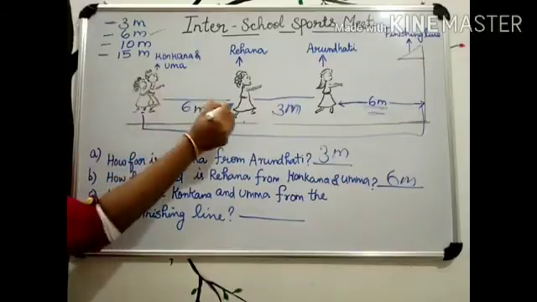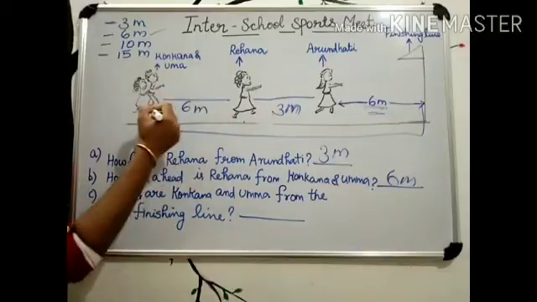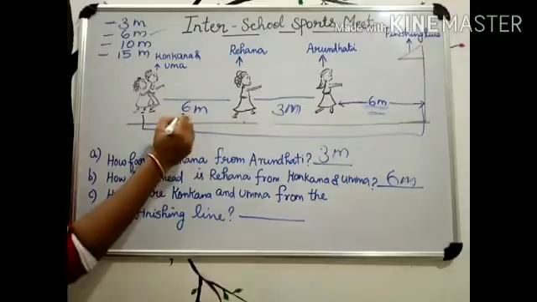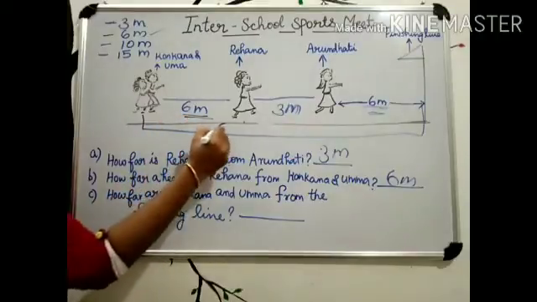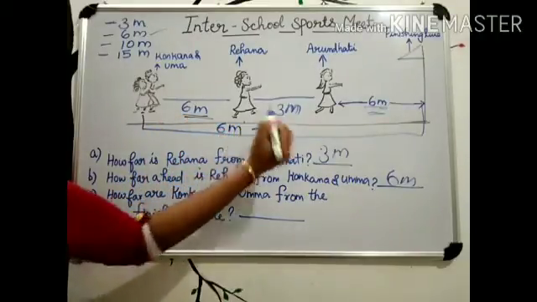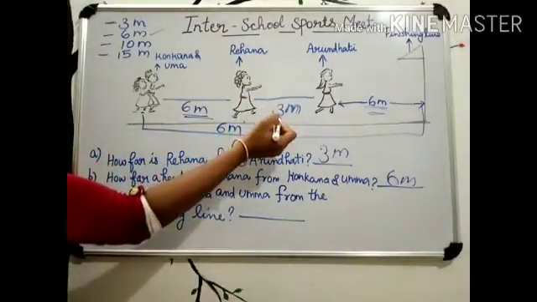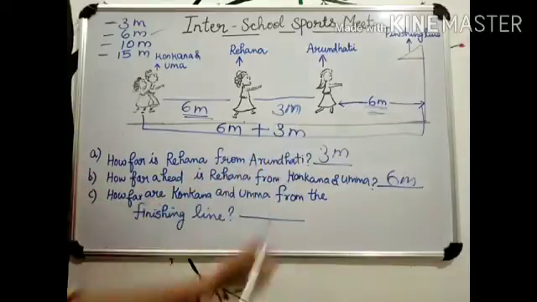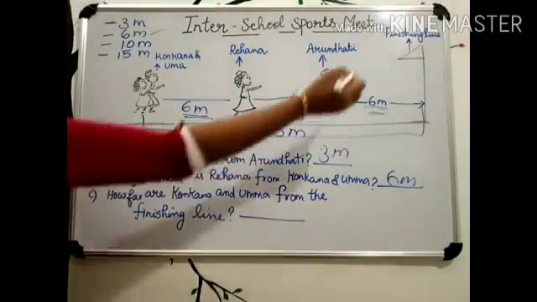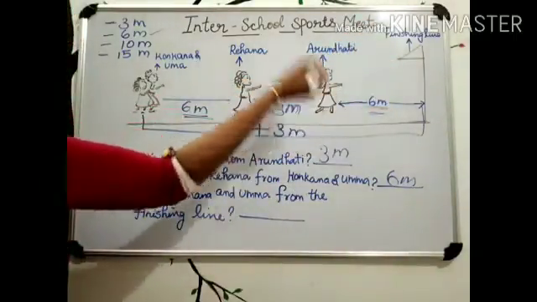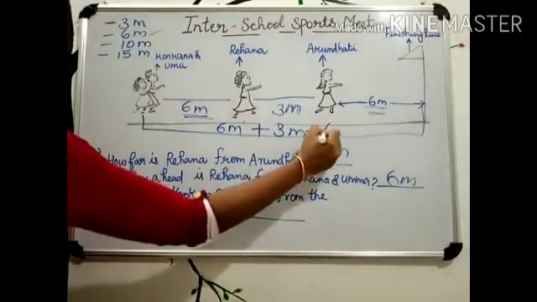The distance between these girls is 6 meter. So 6 meter plus the distance between these two girls, 3 meter. Then the distance from the finishing line to Arundhati is 6 meter.